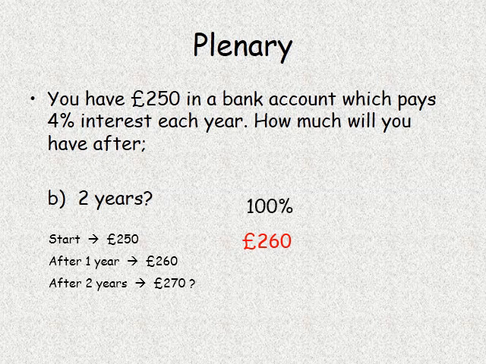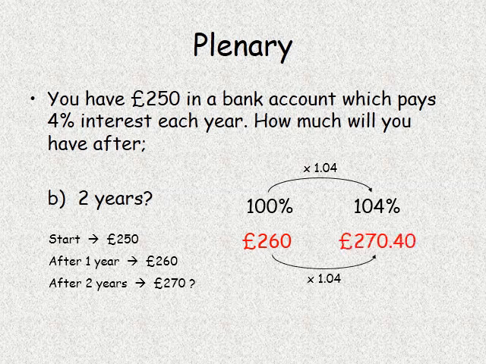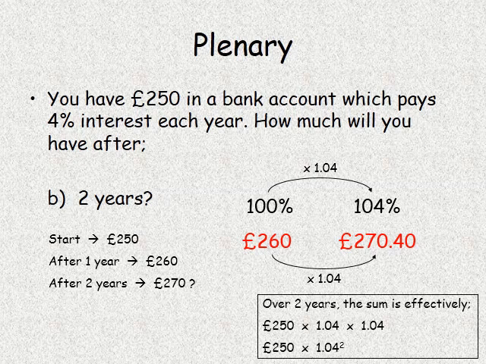So 260 is now the 100%, and of course we get the interest of 4%, so it's worth 104. The multiplier again is 1.04, so we multiply 260 by 1.04, and the answer actually is £270 and 40 pence.